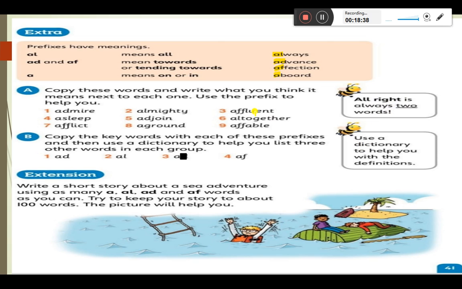Here we are going to discuss the extra exercise, letter A. Copy these words and write what you think each one means next to it. Use the prefix to help you. Before doing this, we are going to do the same as we do in the keywords we discussed before.